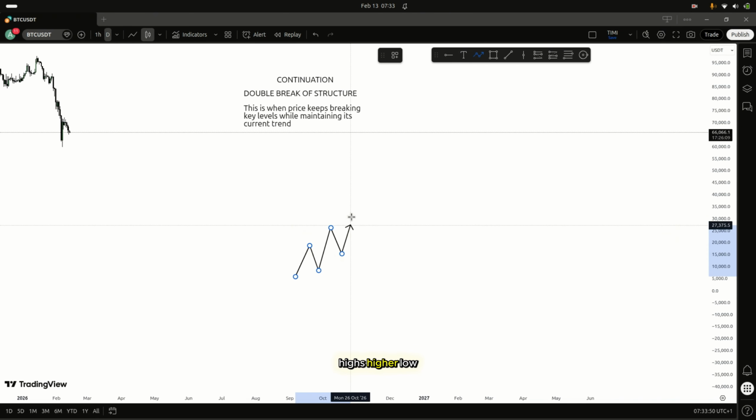So what I mean by key level, when price keeps breaking these highs, you can see price kept breaking the highs but was still in the current trend of an uptrend.